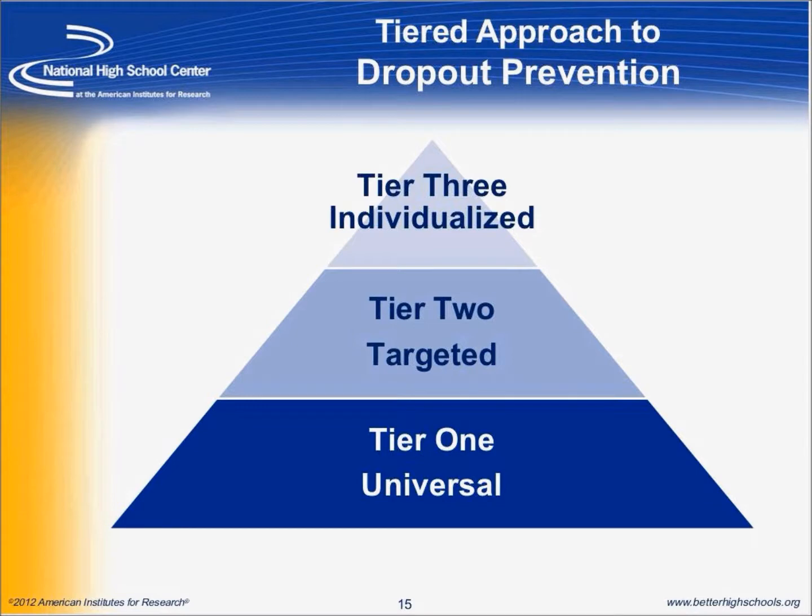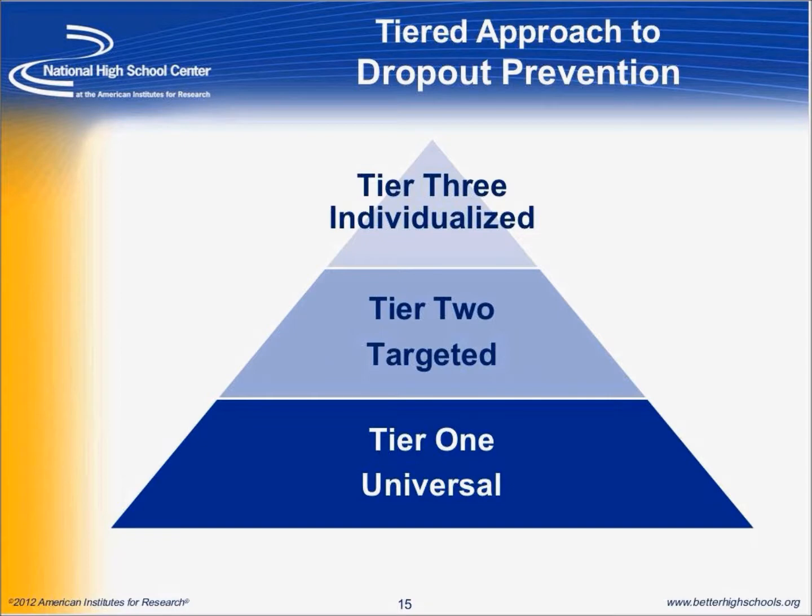Generally, the model may have 2 or 3 tiers of interventions. Tier 1 interventions typically are applied to all students in the school. Tier 2 interventions are moderately intensive and applied to small groups of students with common needs. And Tier 3 interventions are the most intensive and are provided to individual students with the highest level of need.